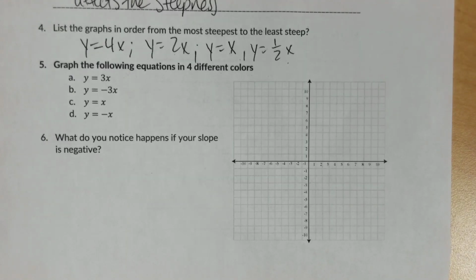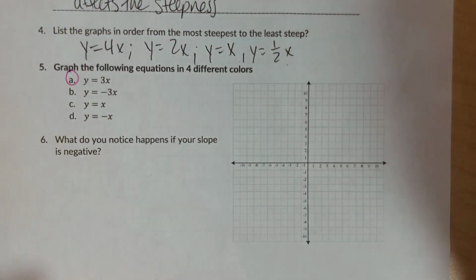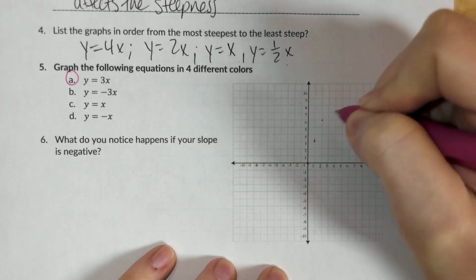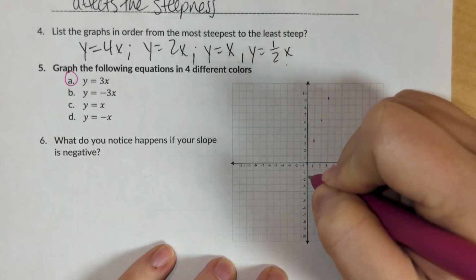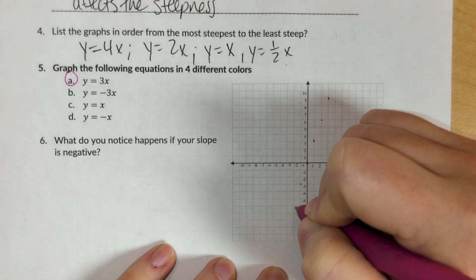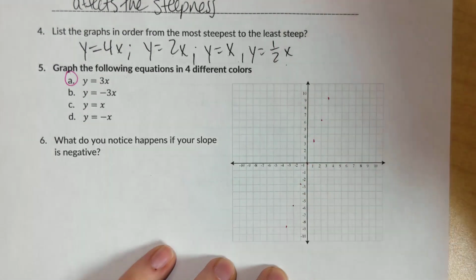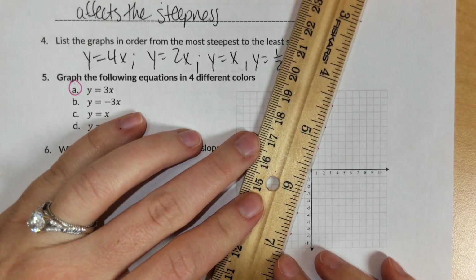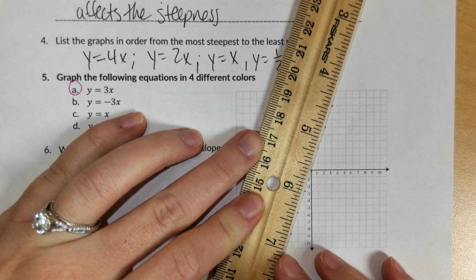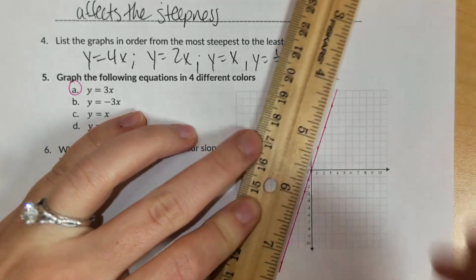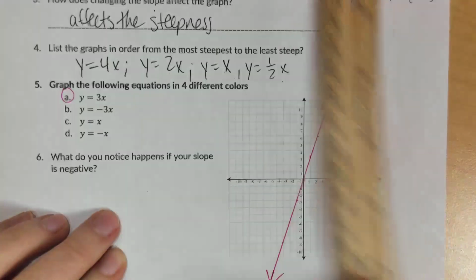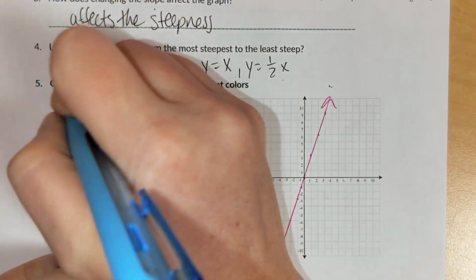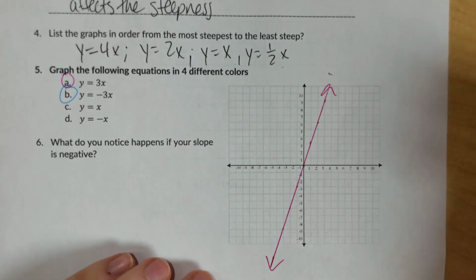I'm going to start out with pink for my first one, and I'm going to graph y equals 3x, starting with 0, 0 as my y-intercept. I'm using 3/1 for my slope. And then I'm going to connect those points. There's my pink line. Okay, then I'm going to do blue for the next one. Y equals -3x.